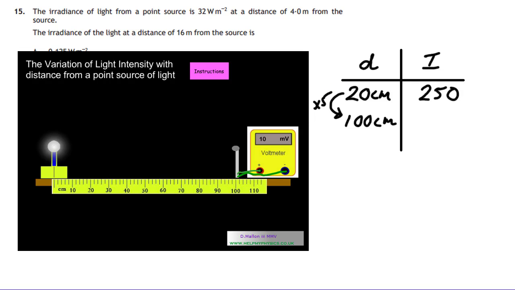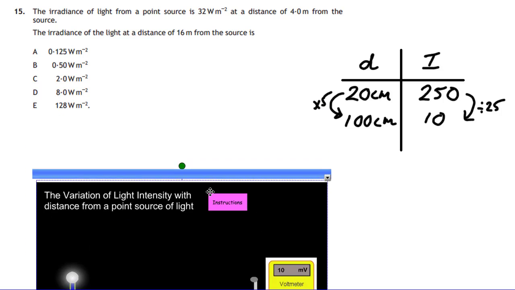Now, according to the inverse square law, the irradiance will be divided by the square of 5, which is 25. So 250 divided by 25 does give us 10 units, which we've got here. So we can use this type of argument to answer the question in the past paper.